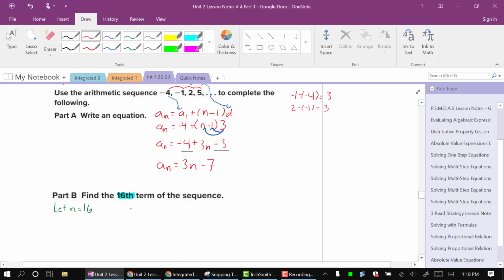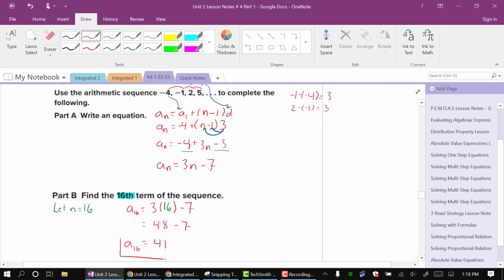So I have a_16 equals 3 times 16 minus 7. Well, 3 times 16 is 48. So this gives me 48 minus 7. And I get a 16th term is 41.